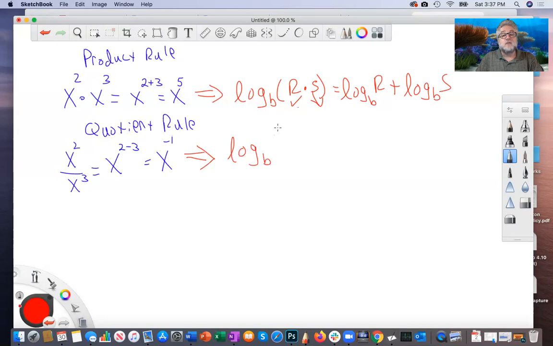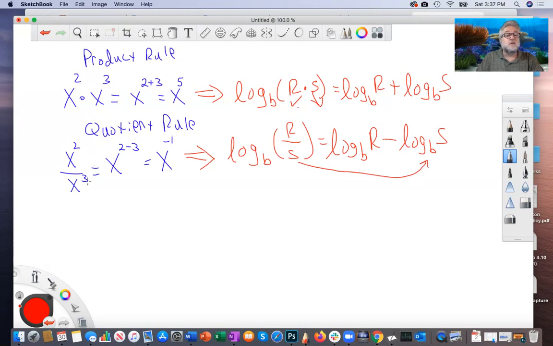If I have r over s, I can write this as log base b of r minus log base b of s. The denominator ends up being the negative term here, just like the denominator in the exponents ends up becoming the negative term there. So this is what we do when we're dividing inside a logarithmic function. We can split it up as a difference, subtracting the two logarithmic functions.